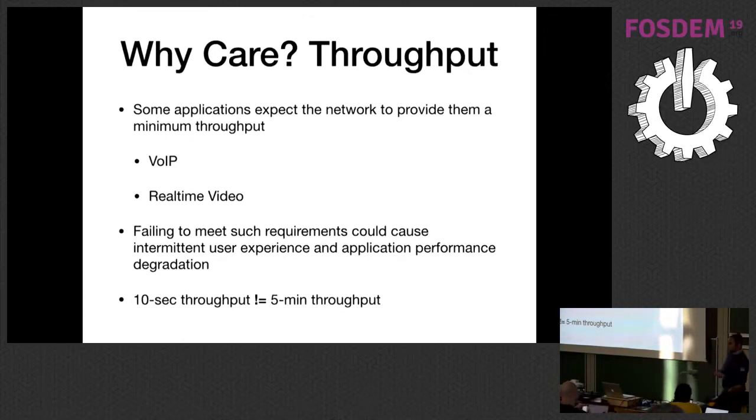This kind of application has certain requirements in terms of minimum throughput. And if we can't guarantee this throughput, then the user experience can worsen, the application performance can worsen. So being able to monitor the throughput in an accurate way can help you in improving or even providing a good service for your applications.